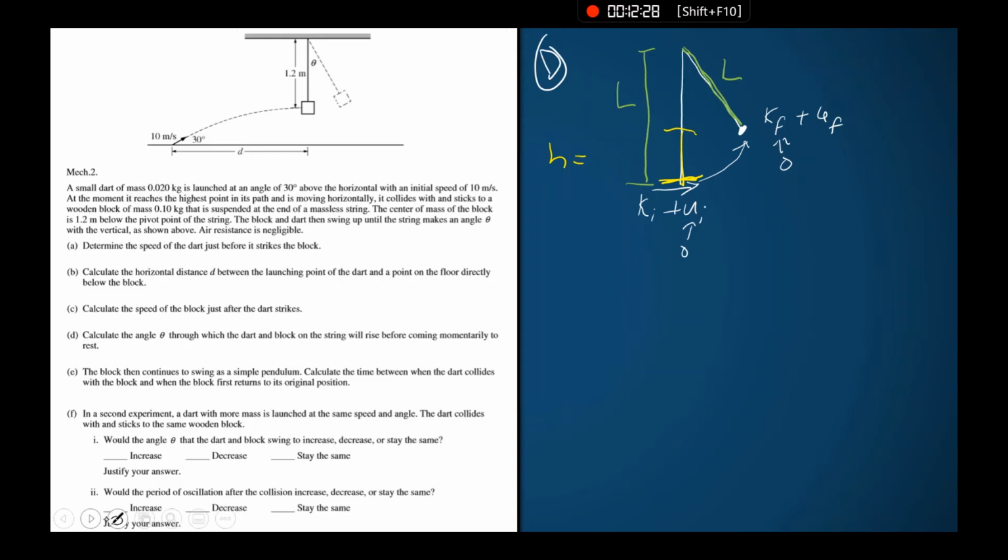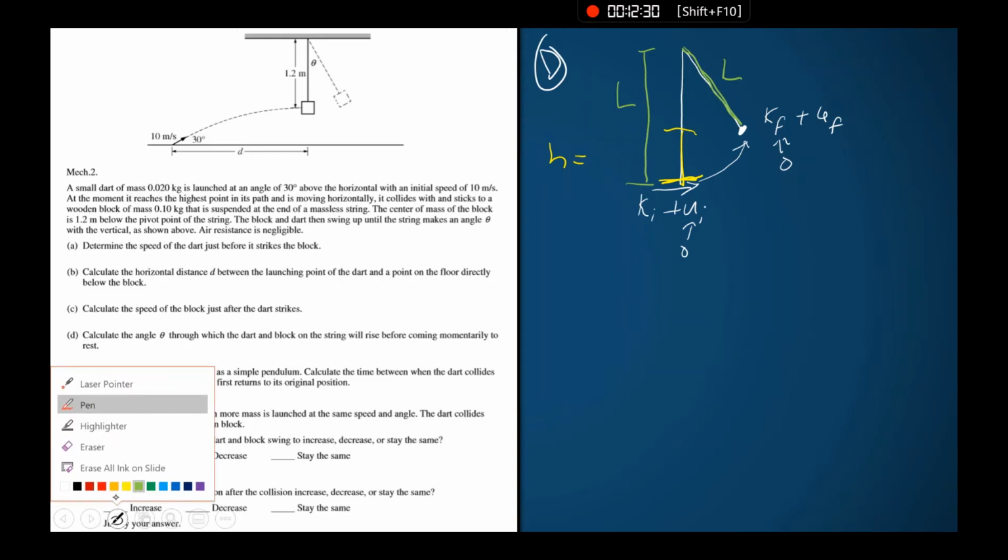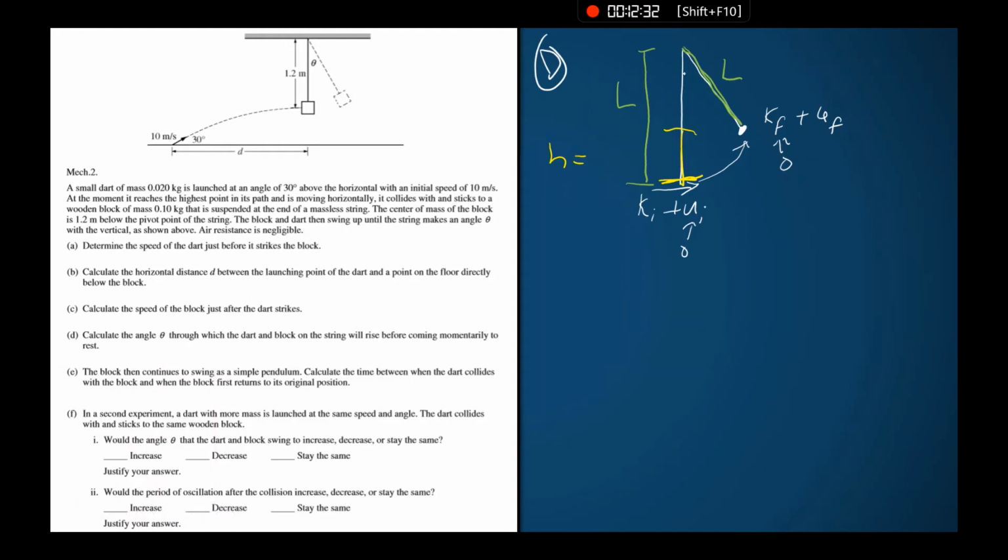So in terms of L, what is h? That's it. That's what I was getting at. L minus L cosine theta.